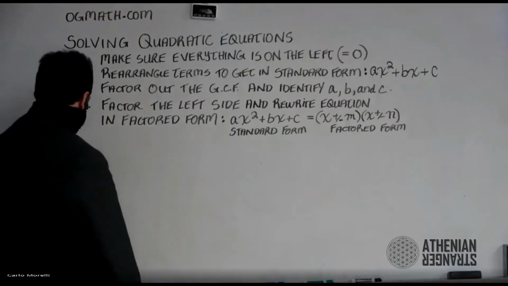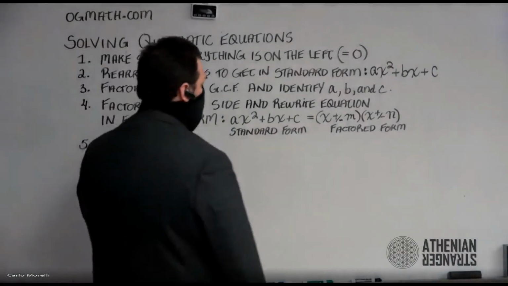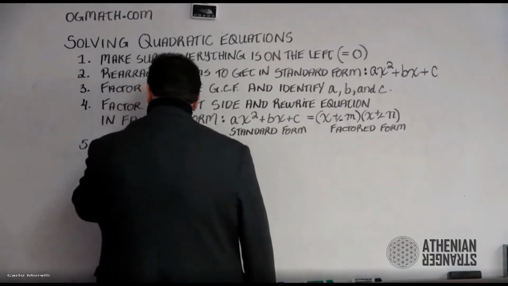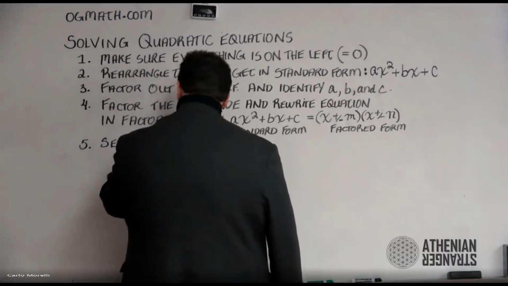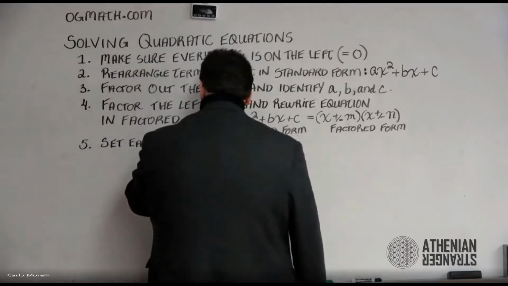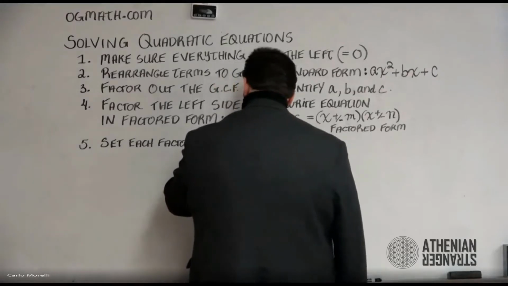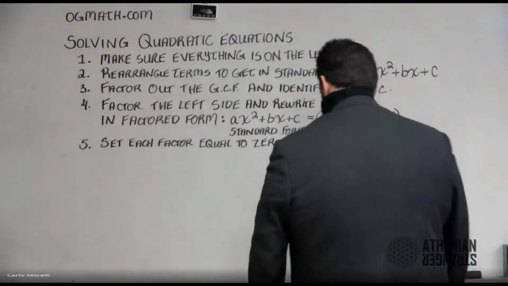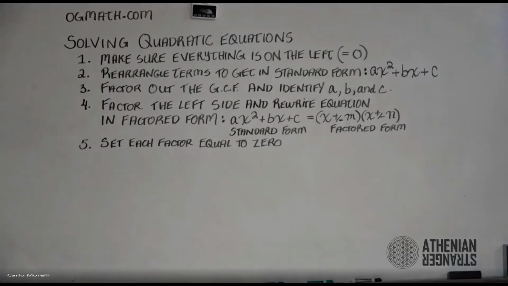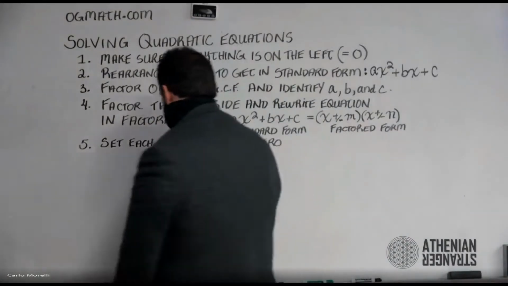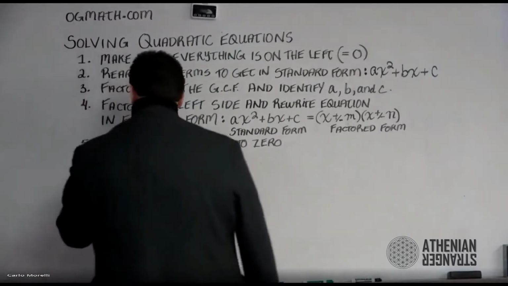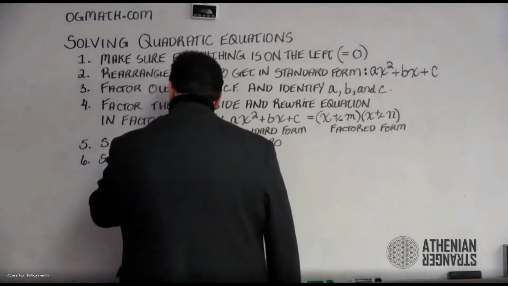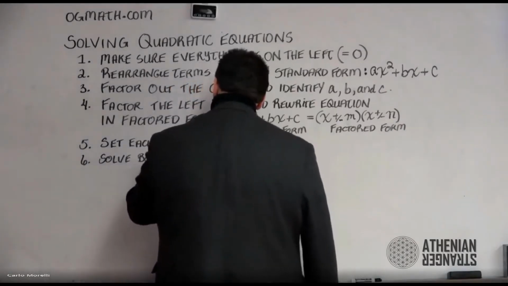All right, step 5. Set each factor equal to 0. Step 6. Solve both tiny equations.